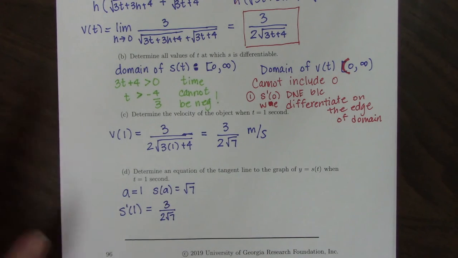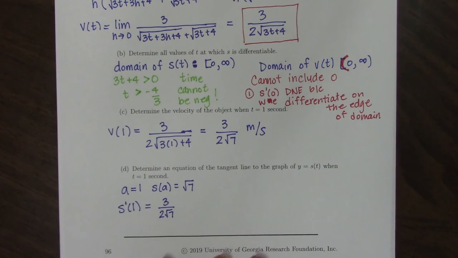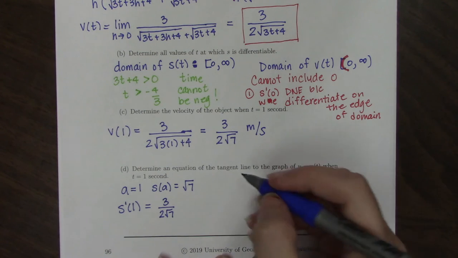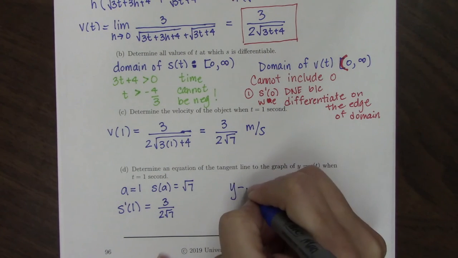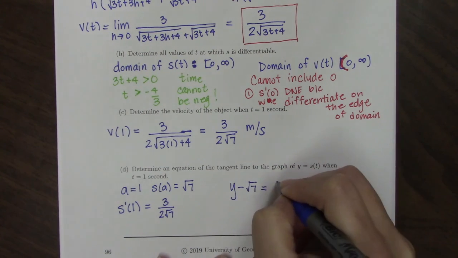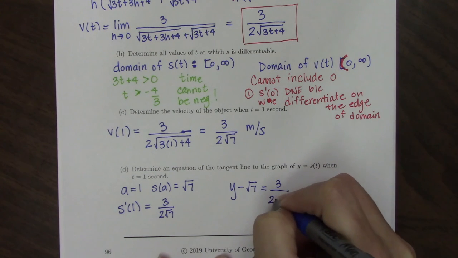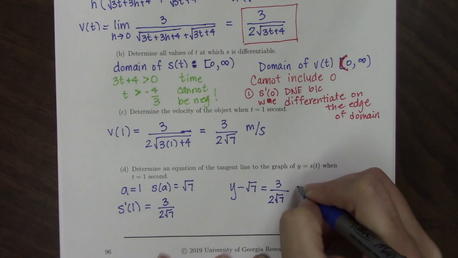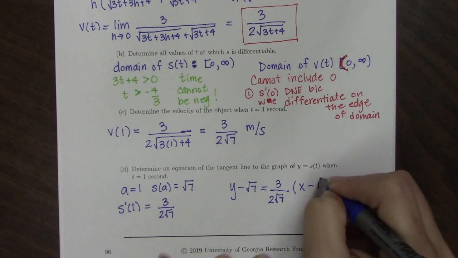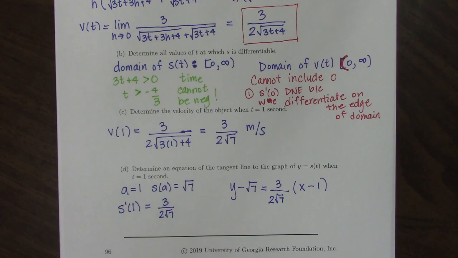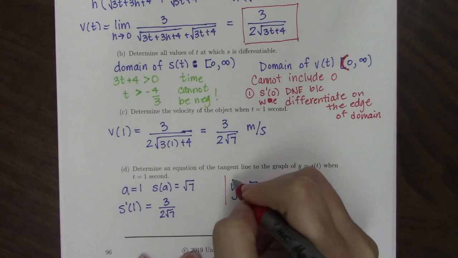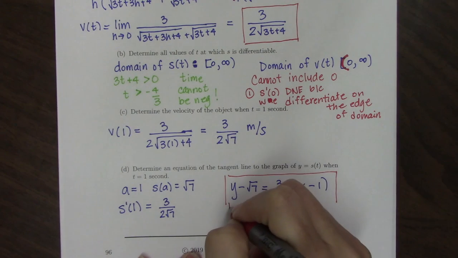So that is our slope. Now we just pop this information into the point-slope formula. So y minus the square root of 7 will equal 3 over 2 root 7 times x minus 1. And this is the equation of our tangent line.